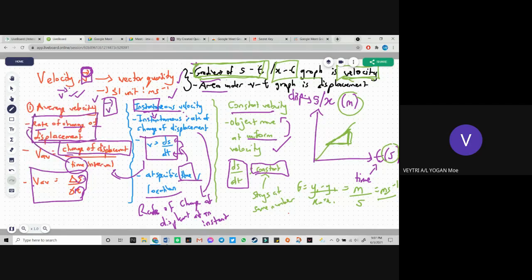Number 2. Number 2 is area under VT graph. VT graph ni apa? VT graph, let me just erase sikit, okay, I'll erase part ni sikit so that I can draw the VT graph for you guys.